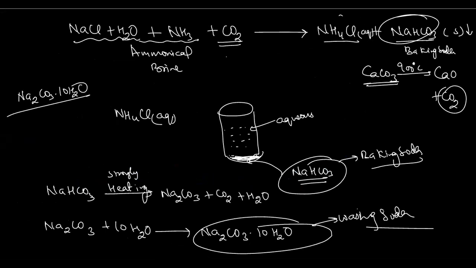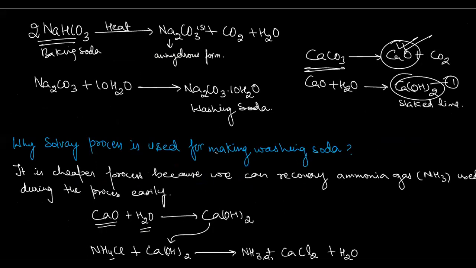So how can we prepare it? By using these two. When ammoniacal brine is passed with CO2, we get baking soda and ammonium chloride, NH4Cl, and we get sodium hydrogen carbonate.